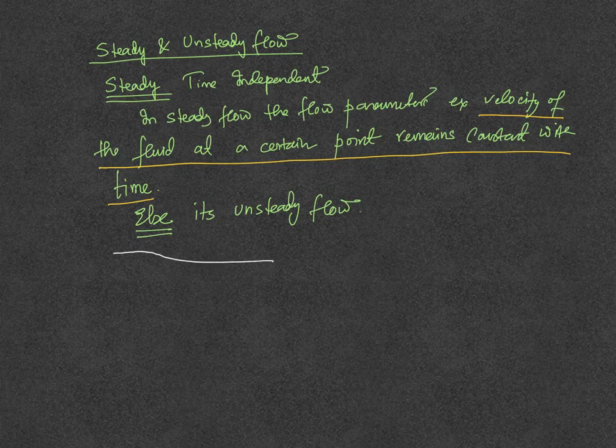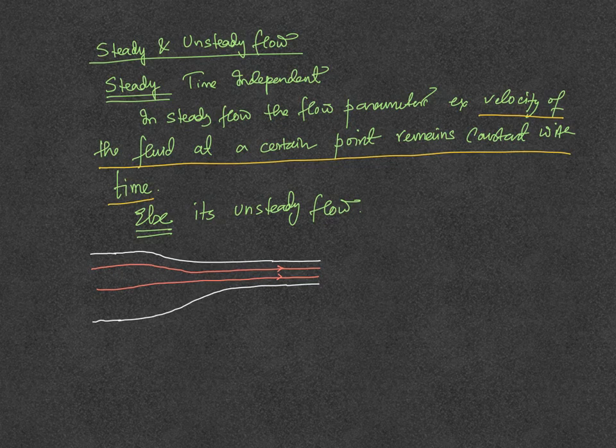So this is a pipe, and you know that at the points where the diameter of the pipe is lesser, fluid velocity is more there. We will also learn in the equation of continuity. If you have a water sprinkler, right?